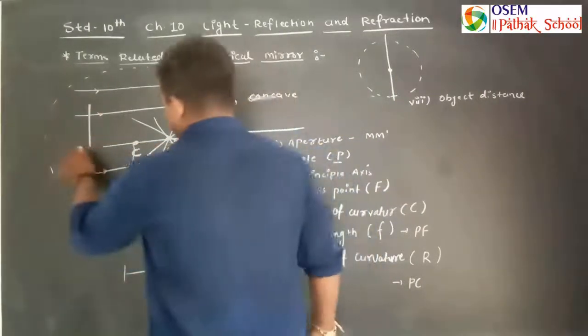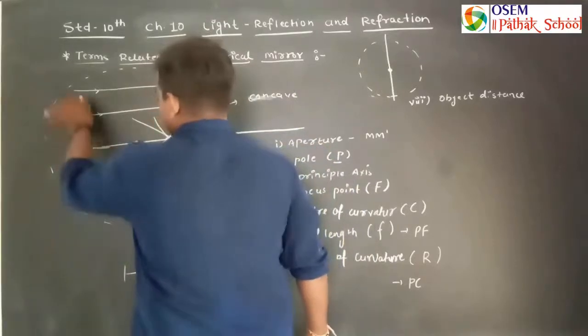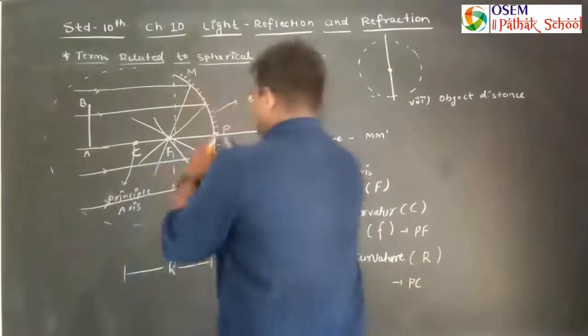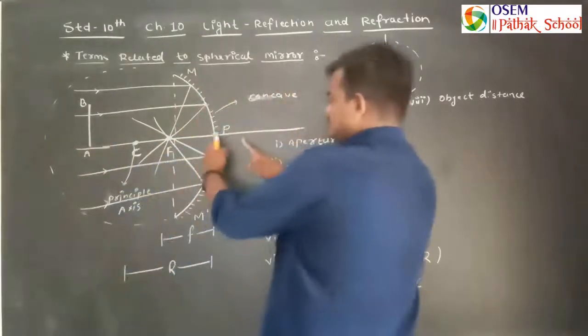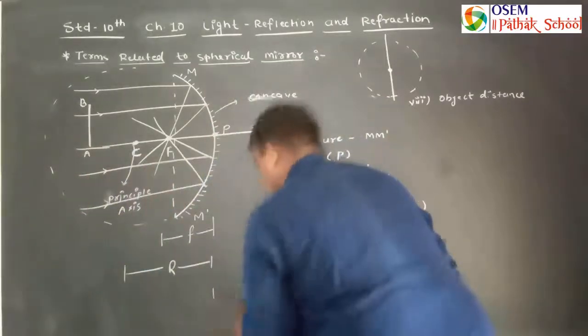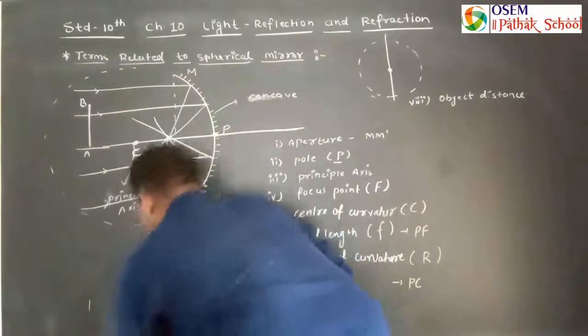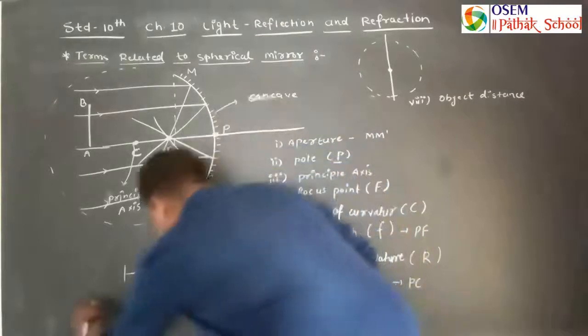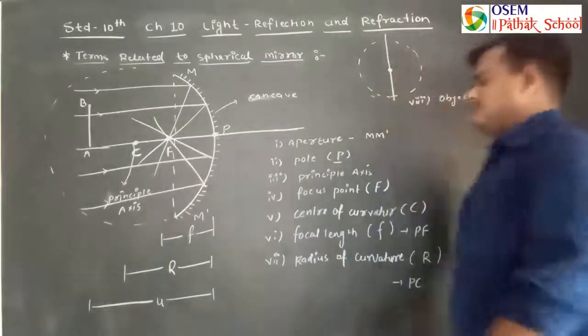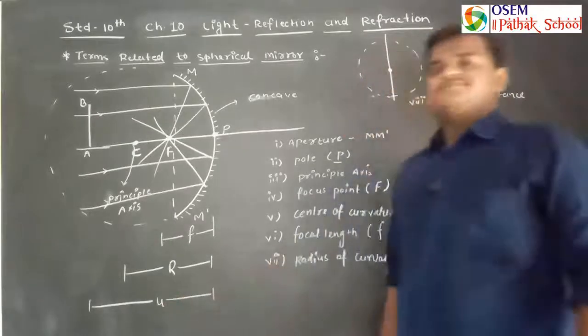Suppose this is our object, AB. It is placed at some distance from the pole. The distance between the pole and the object, from here to here, is known as the object distance, and it is denoted by the small u.